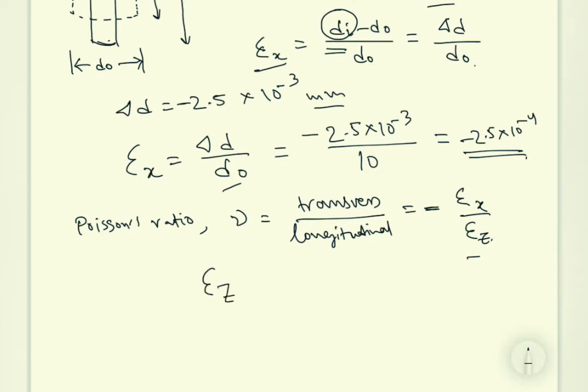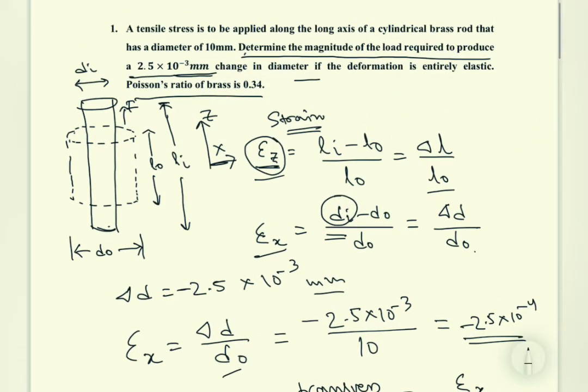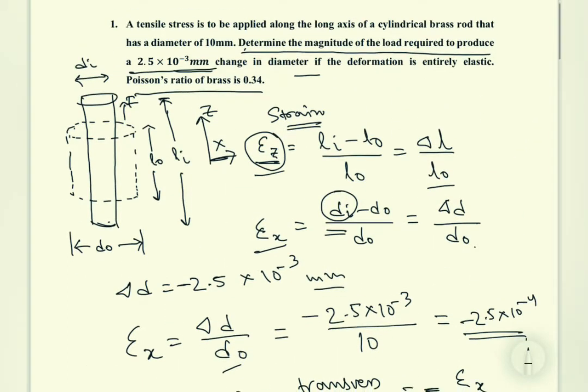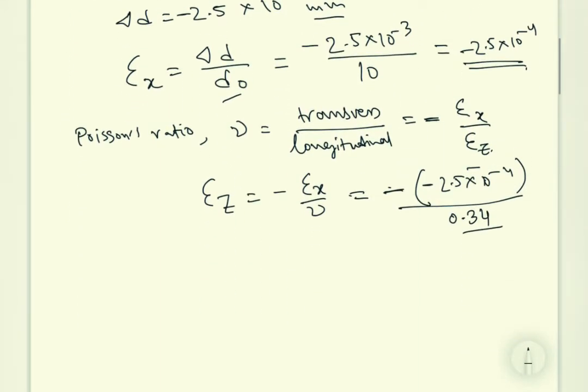So ultimately minus into minus 2.5 × 10^-4 divided by 0.34, the Poisson's ratio, because it is given here. So we are getting 7.35 × 10^-4. So this is epsilon z.